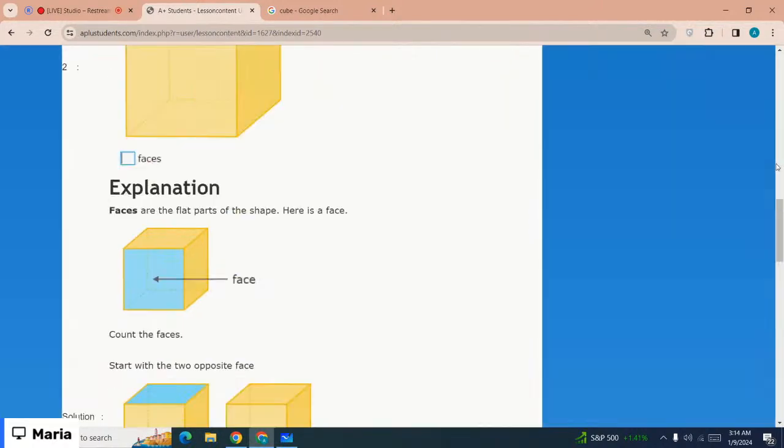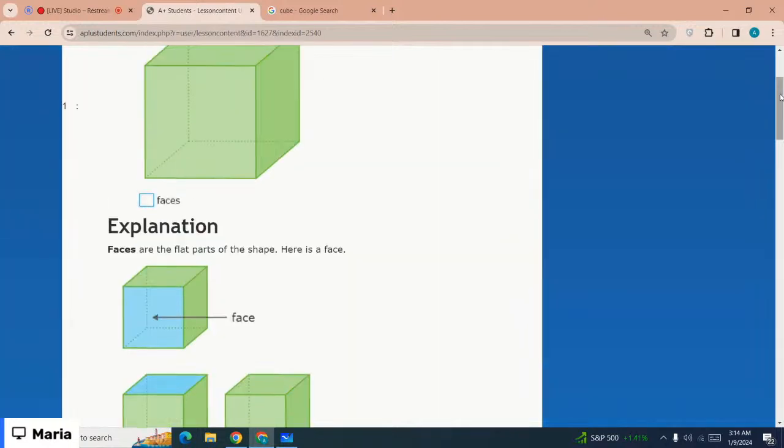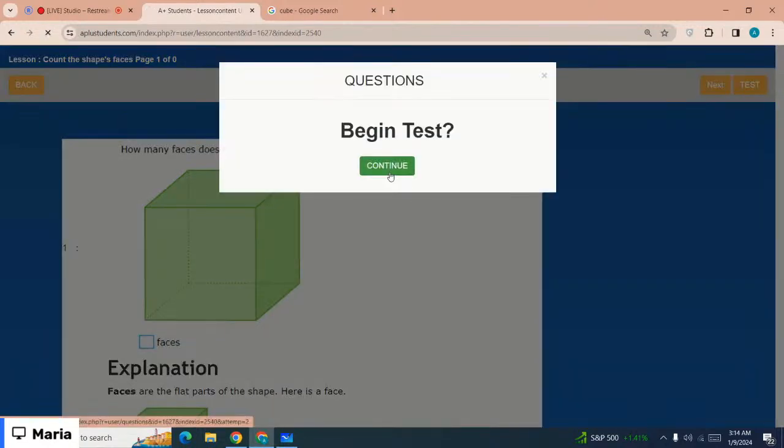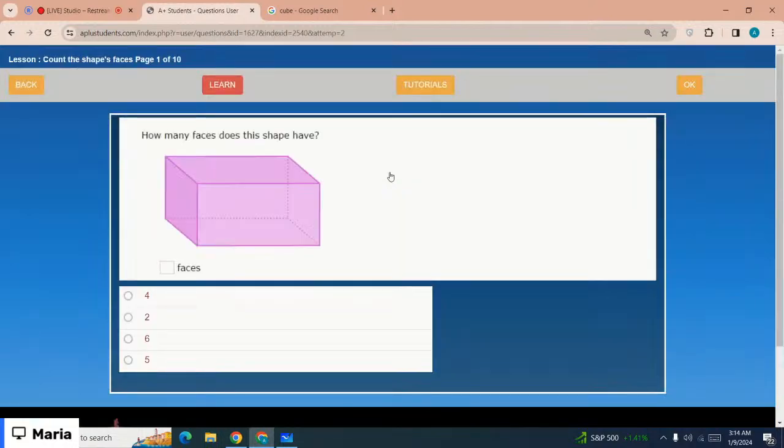Cube, shoebox, they all have exactly six faces. If you do not have a cube, you can get a shoebox also. You can count the faces on the shoebox. How many faces does this shape have?